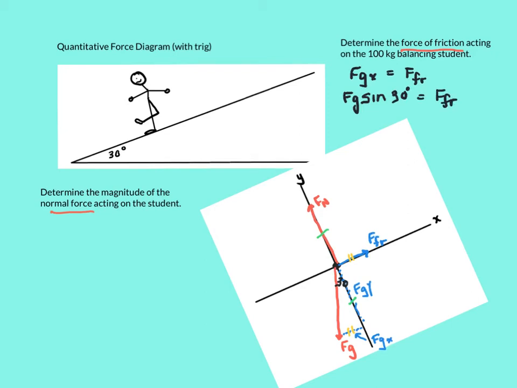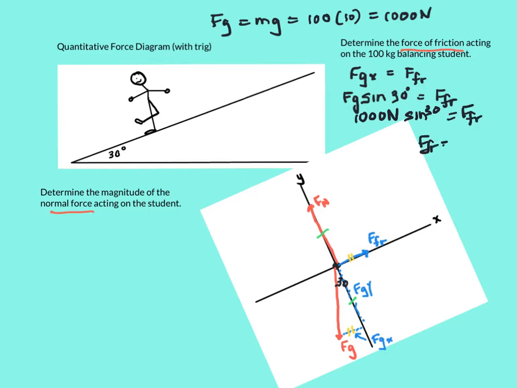The force of gravity is mg, and we've got a 100 kilogram student, times 10, so 1,000 newtons. I'm going to plug this in: 1,000 newtons times the sine of 30 equals your force of friction. So the force of friction is going to come out to be 500 newtons.